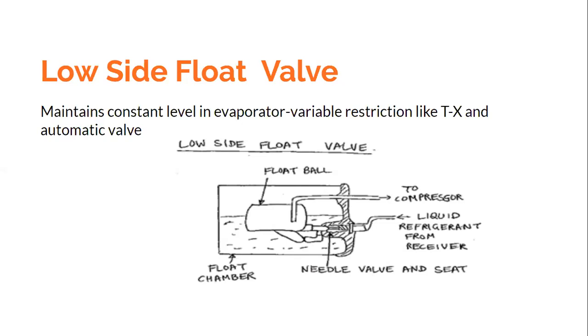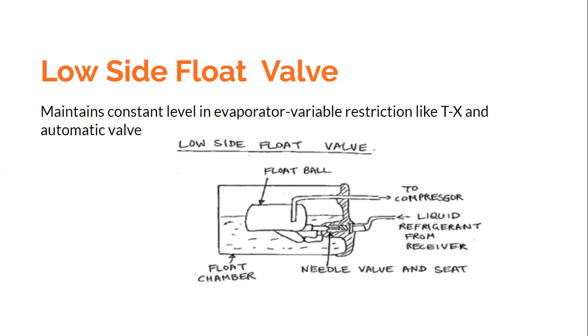Then who caters to the variable loads? The most important device which caters to the variable load is the thermostatic expansion valve. It intelligently meters the refrigerant flow and it intelligently drops the pressure from the condenser pressure to the evaporator pressure.